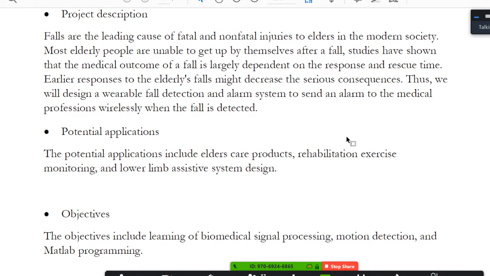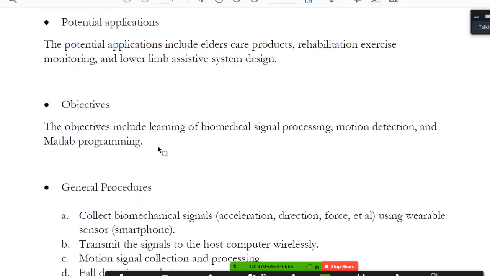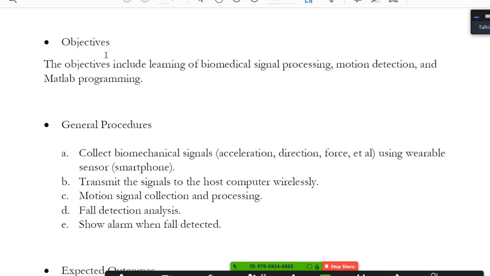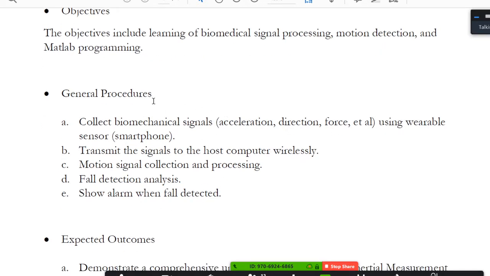This is a description and the potential application and objectives. The main issue is the general procedure you need to understand. First, you need to collect the signals, like the acceleration signal, or the angular velocity signal measured by the gyroscope, and also how to use a wearable sensor like a smartphone.